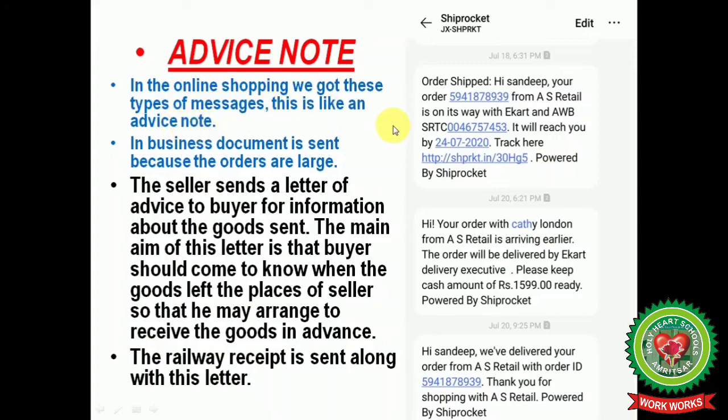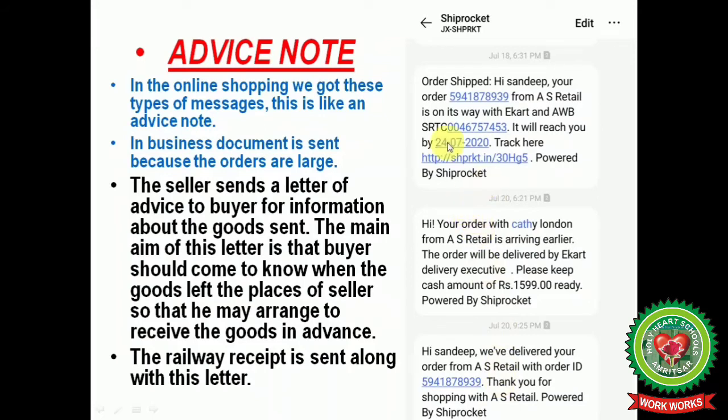Like the order shipped, they will provide a buyer number, the order number, and from where the order is dispatched, that number, and when it is reached. After the order arrives, it will be delivered and the amount is paid by the customer.